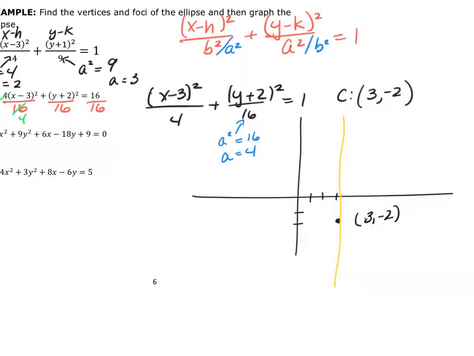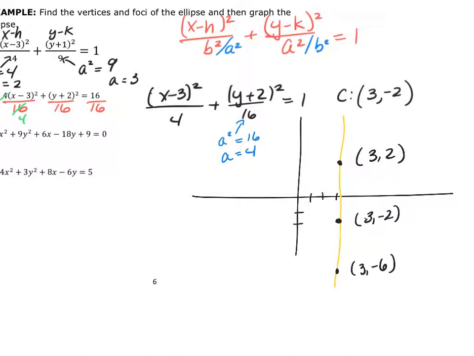Who's changing, the x or the y? The y. So I'm going to add 4 and subtract 4 from that negative 2. So from this center, I'm going to go up 4, and so I have (3, 2). Notice I am not memorizing anything. And then from the center, I'm going to go down 4. 3 is not changing, so it is (3, negative 6). So I have found my major vertices.